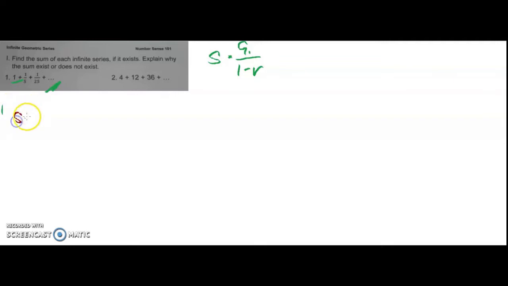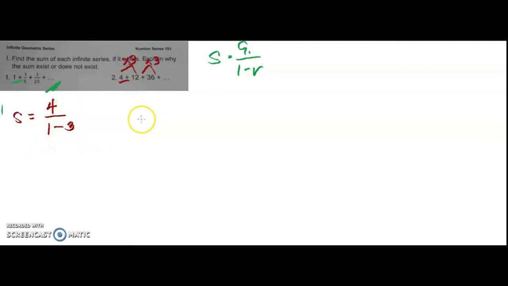So, we have here S is equal to, the first term is 4, over 1 minus our common ratio for this part, which is 3, right? Yes, 3. Kasi we have 12 divided by 4, that's 3, and 36 divided by 12 is 3. So, we are multiplying by a constant number, which is 3.